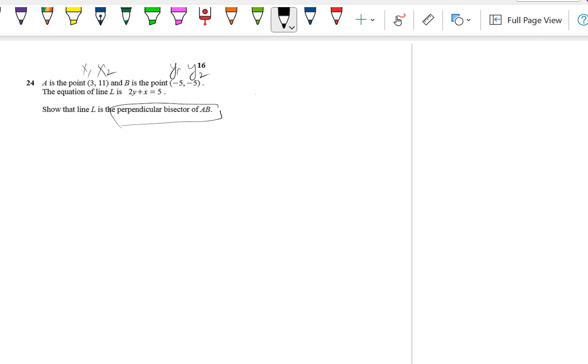Let's first find the gradient of AB. Y2 minus y1. What a blunder I've done. Your first coordinate is x and second one is y.